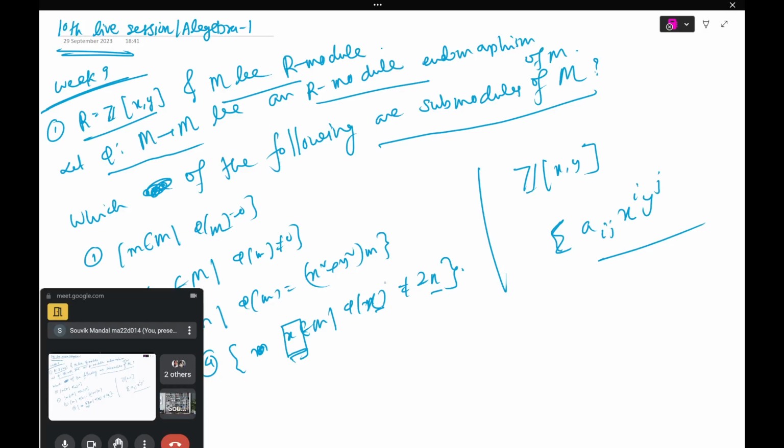So in option one, what about the other two conditions? Are they being satisfied or not? Yes, satisfying.